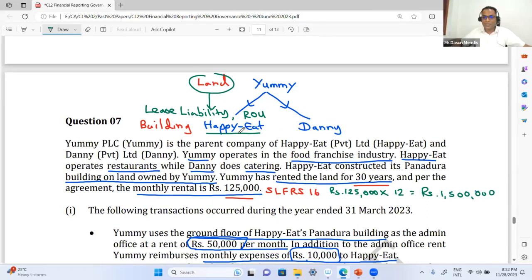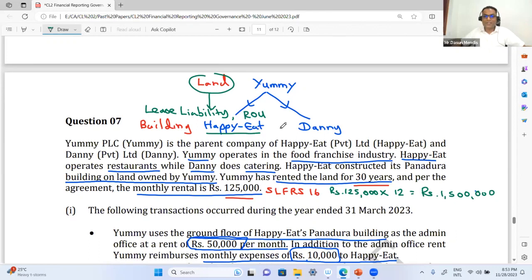Because both these companies are controlled by the common parent. Yummy is the common parent of Happy Eat and Danny, and they are fellow subsidiaries under the control of the common parent. These are also called sister companies. Two companies under the control of a common parent are related parties to each other.